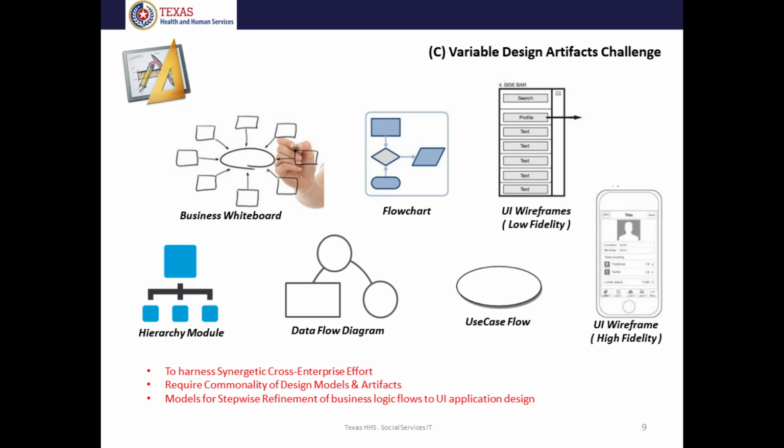I, for one, have personally encountered 7 different conception models being used across the business enterprise, depending on which business or IT stakeholder teams one liaison with. From examples in the slides, they include, starting at top left, number 1, Business Whiteboard, which is just a top-level business raw conception of the business logic to be fulfilled.